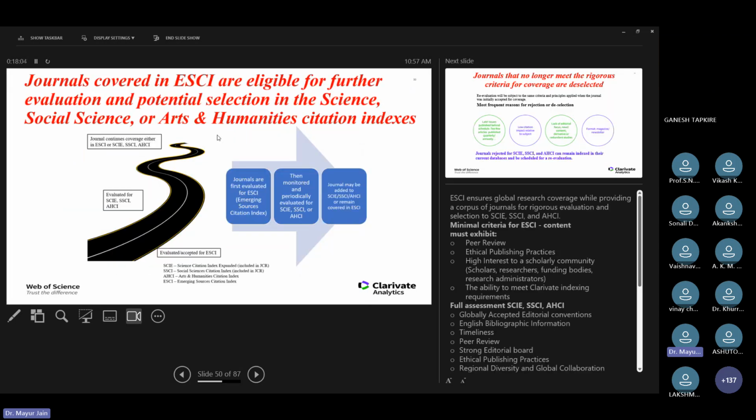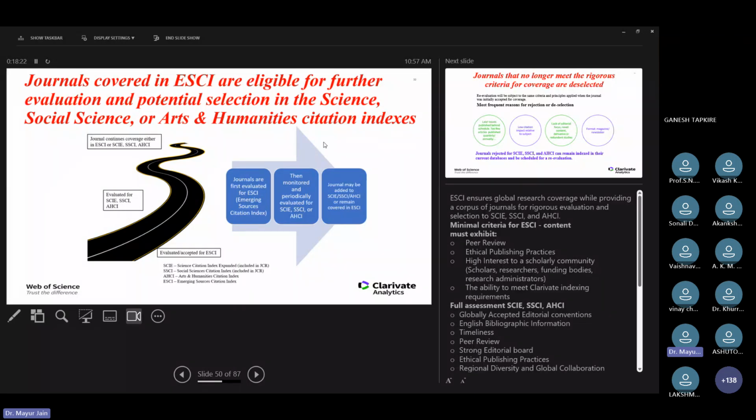But what I want to convey here is that, for journals covered in ESCI, many times students or faculty have the confusion whether ESCI is the same as SCI. No, it is not the same, but it is eligible for further evaluation and potential selection in the SCI, right?